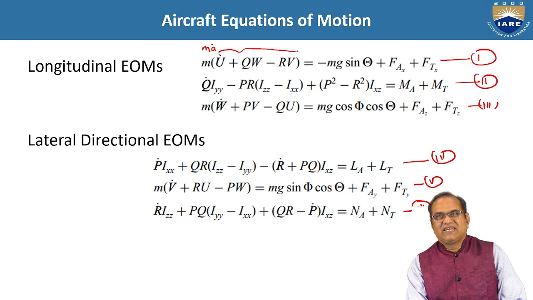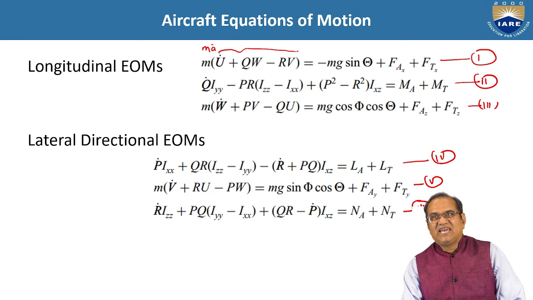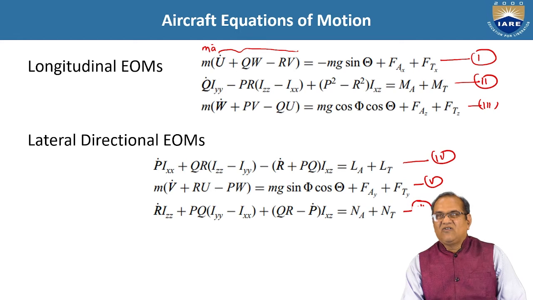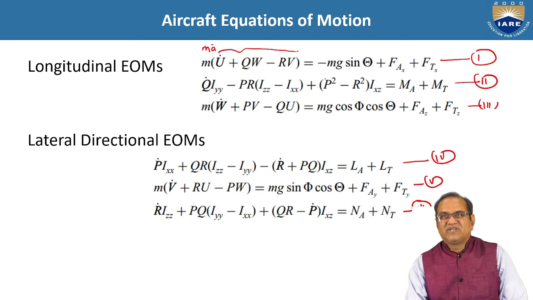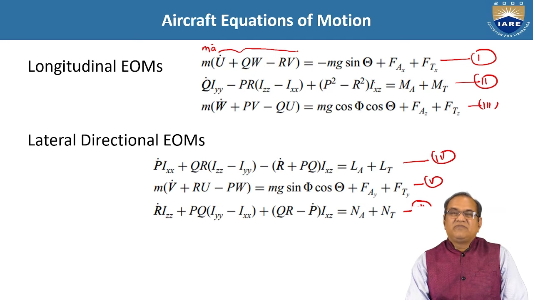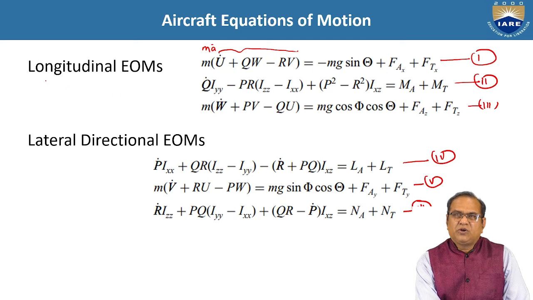M into a is equal to minus mg sine theta plus fax plus ftx, where fa indicates aerodynamic forces and t indicates the thrust forces. And here it is m into acceleration. Same way, because in longitudinal we have the 2 forces.